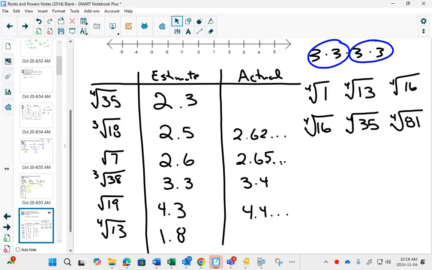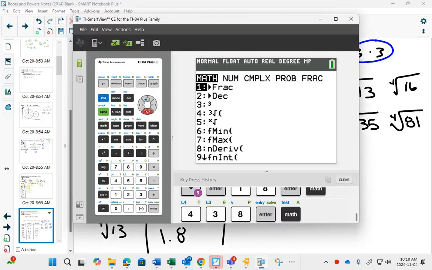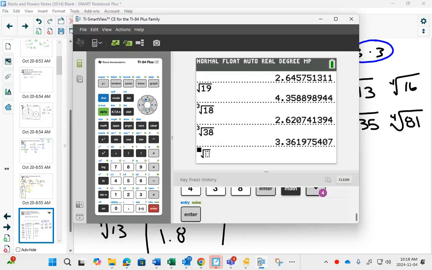And then fourth roots on your calculator. Graphing calculator's under math. And they have this X button, saying that you can put any number in there that you like. Depending on the calculator that you have, when I push it in, it lets me type in that number. Some calculators you have to push the 4 first and then type that in. Again, we need to make sure that we figure out how to do our calculator.